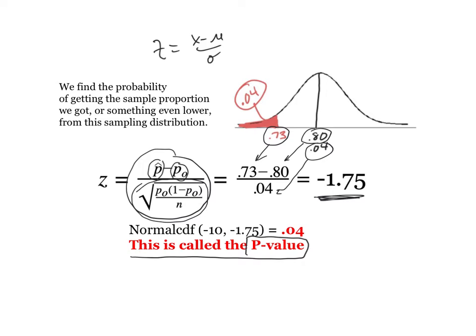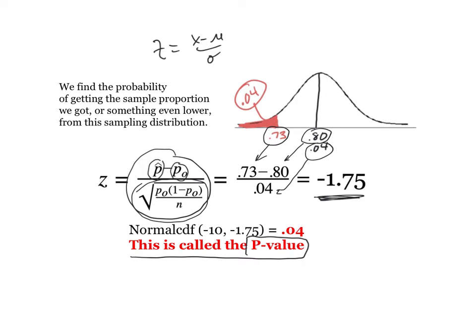So if the real population percentage is 80% are satisfied with their electricity service, then there's only a 4% chance of getting a sample of 73% or less that say they're satisfied. So there's not a very good chance of getting this sample, okay? Only 4 out of 100 times would this happen, that I get 73% or less satisfaction, okay?